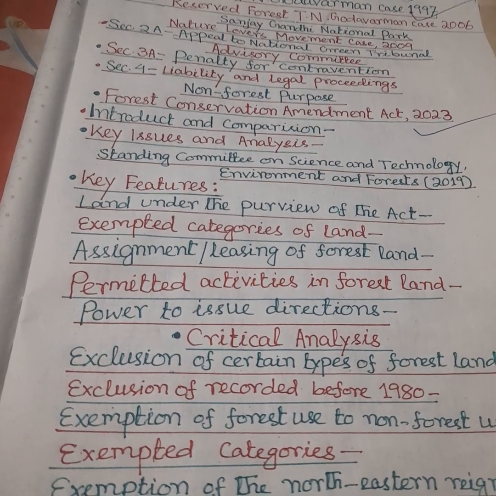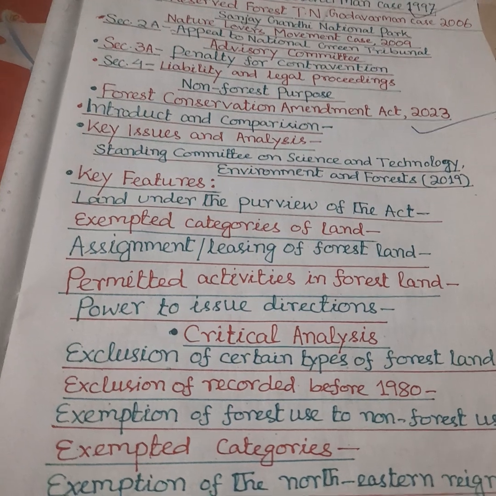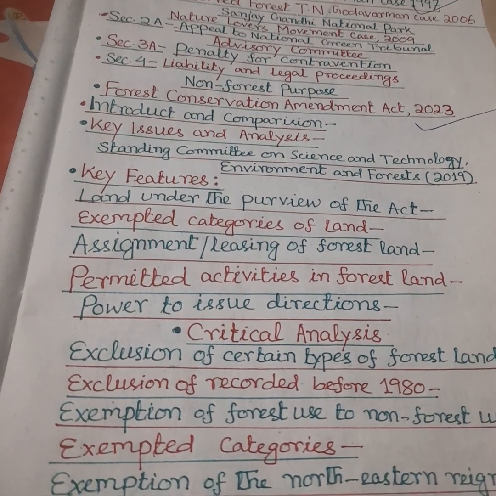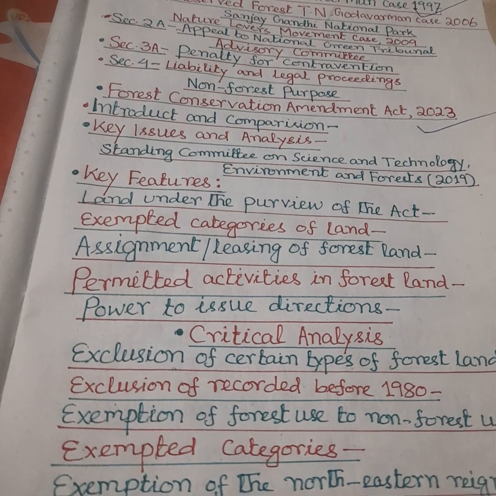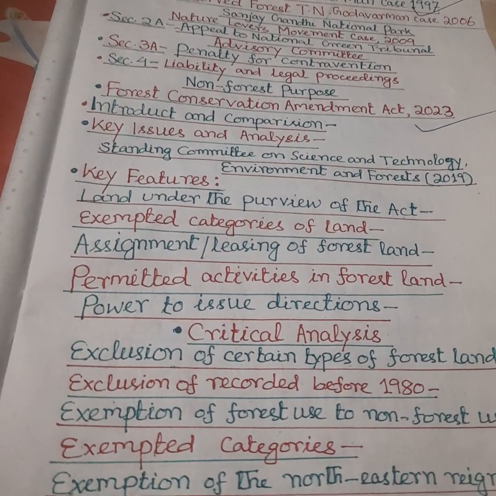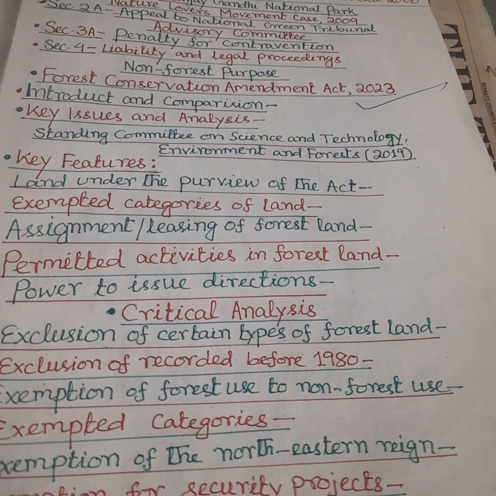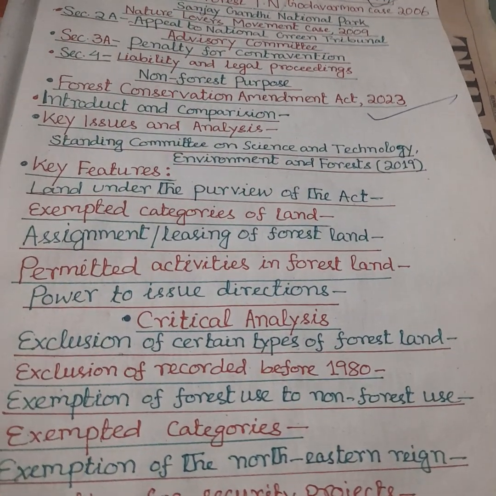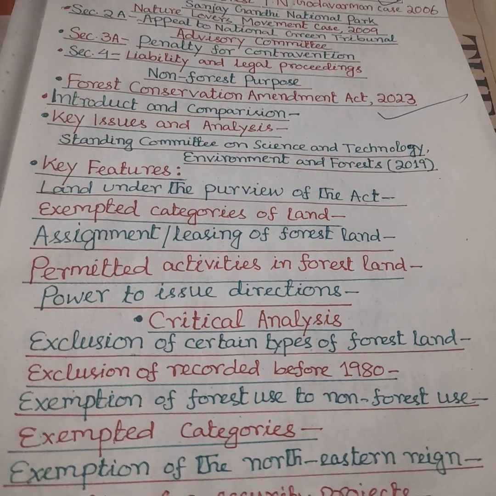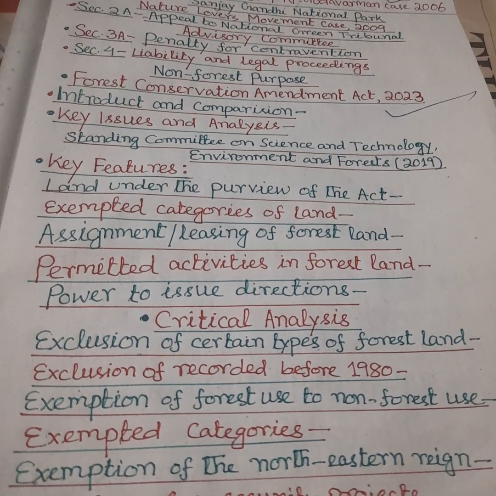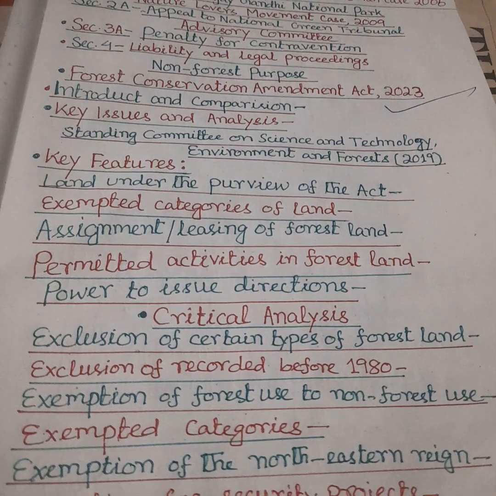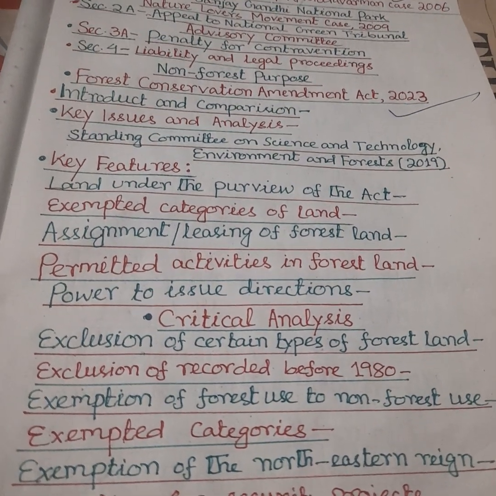So, it expressed that the Act must apply to all forest land. The term must be understood by its dictionary meaning and includes all recorded lands falling under the Forest Act.